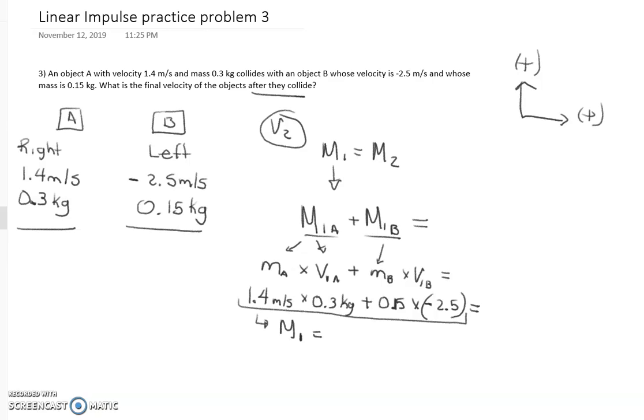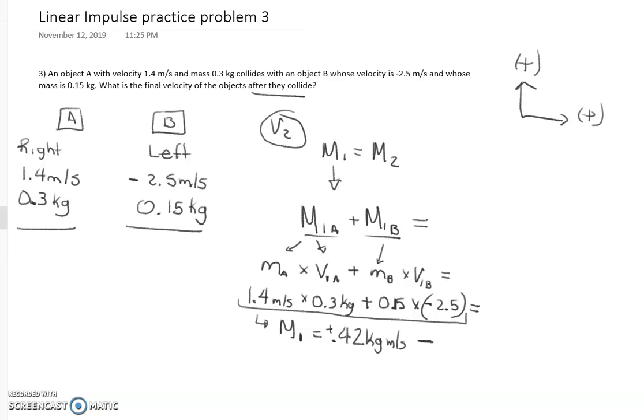So if we do the calculations, it's going to be 0.42 kilogram meters per second. This is positive.